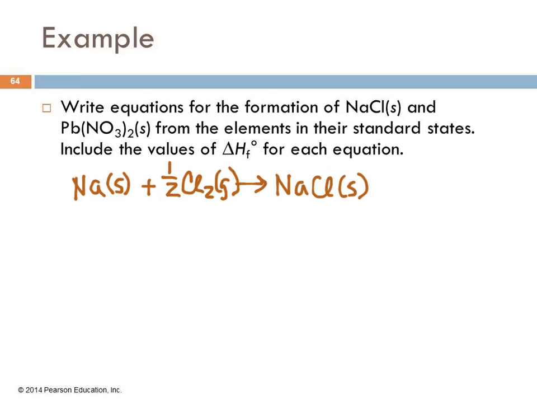Then, what's the heat of formation of that? Well, we look up sodium chloride, solid, in the table, and it says minus 411.2. The units are kilojoules per mole. That is the formation equation for sodium chloride solid.